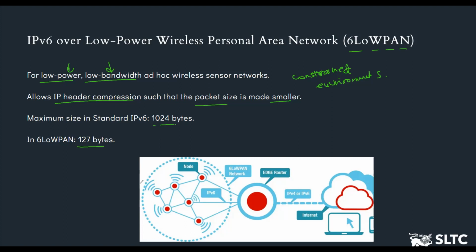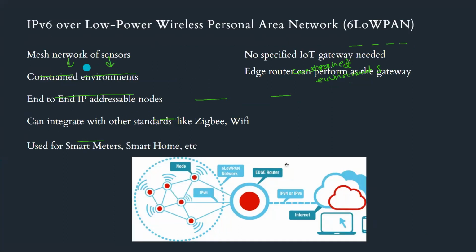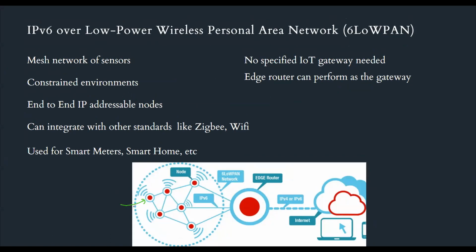So we can take a scenario, right? We can take a scenario that communicates using this 6LoWPAN technology, and we can consider how it happens. Right? So assume that we have some sensors which are connected to each other, right? So these are sensors, let's assume. They are collecting some information from their surroundings, and transferring their data to nearby sensors, right?